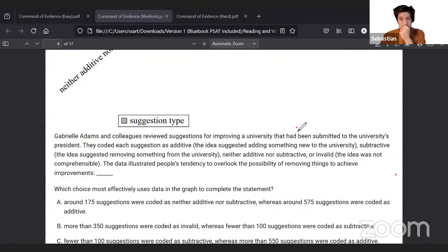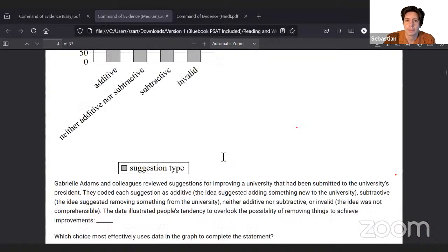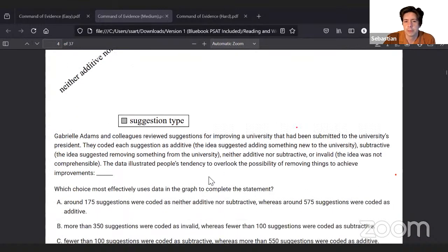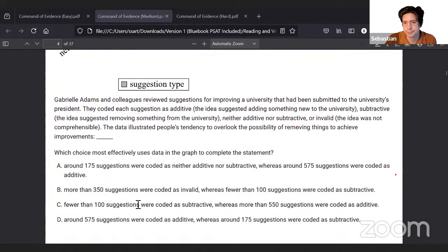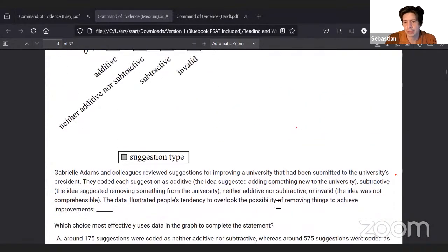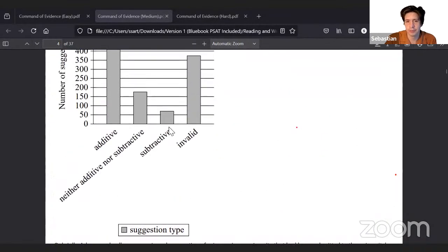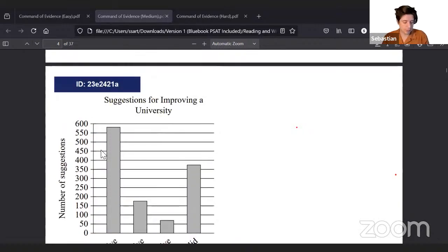Okay, so we're trying to achieve improvements. Which choice most effectively uses data to complete the statement? So they're overlooking the possibility of removing things. So we look at how small subtractive is, right? People are mostly not thinking about subtracting things to make improvements. It's mostly additive.